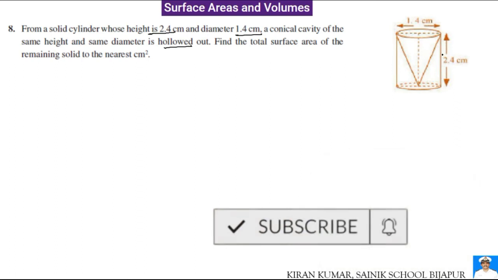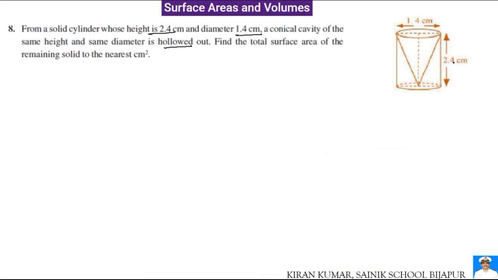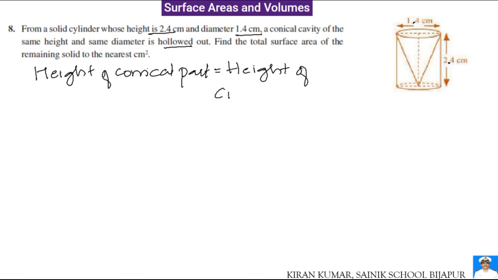The height of the cylinder is given as 2.4 centimeter and the diameter is 1.4 centimeter. Here, the height of the conical part is same as the height of the cylinder, and they are given as 2.4 centimeter.